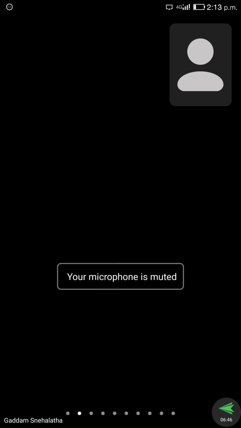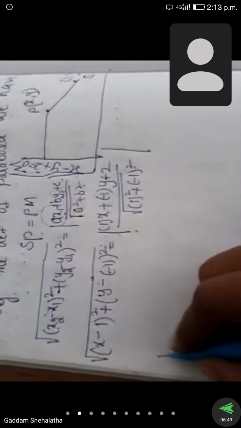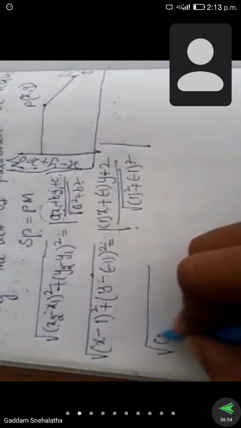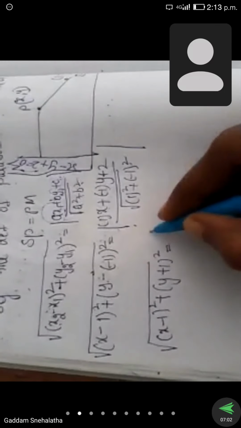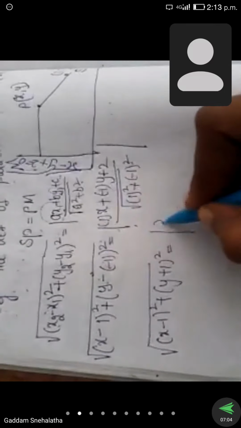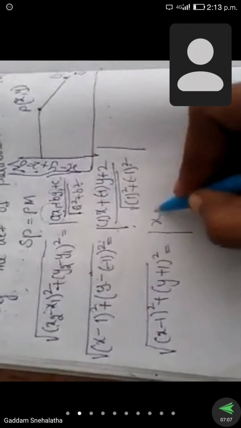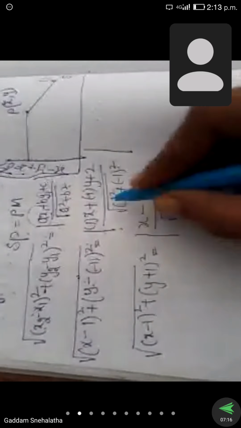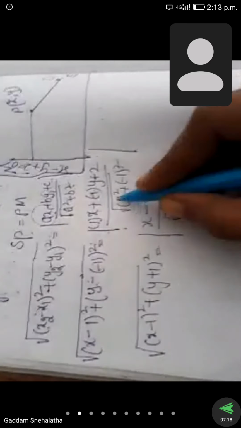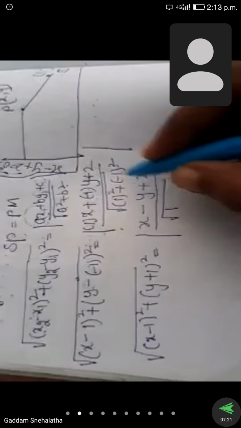So now, under root of, what is this? x minus 1 whole square plus this as y, minus into minus becomes plus 1 whole square is equal to 1 into x is x, plus into minus minus 1 into y is y, plus 2 by under root of plus 1 square means 1, minus 1 square means minus into minus plus 1 into 1 is 1.